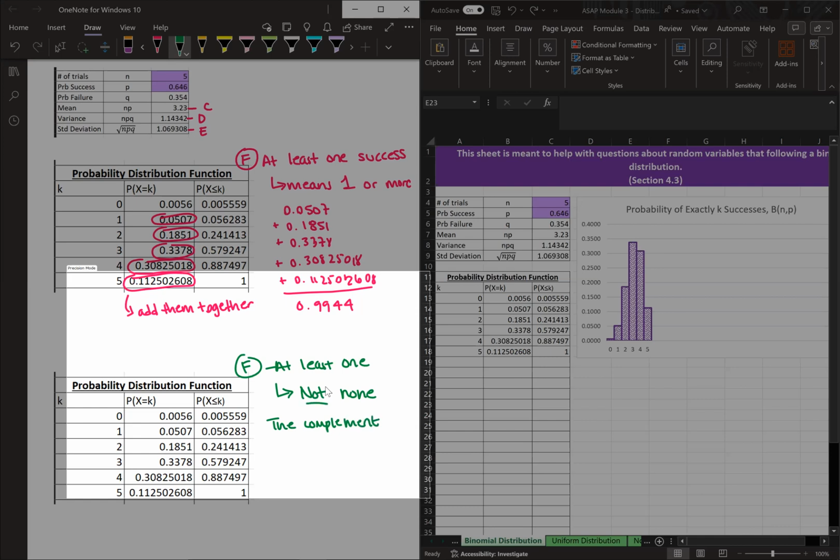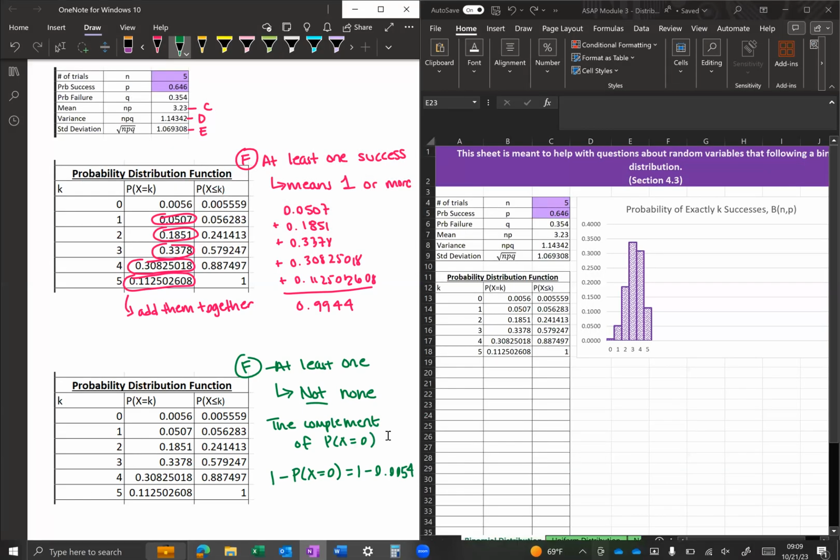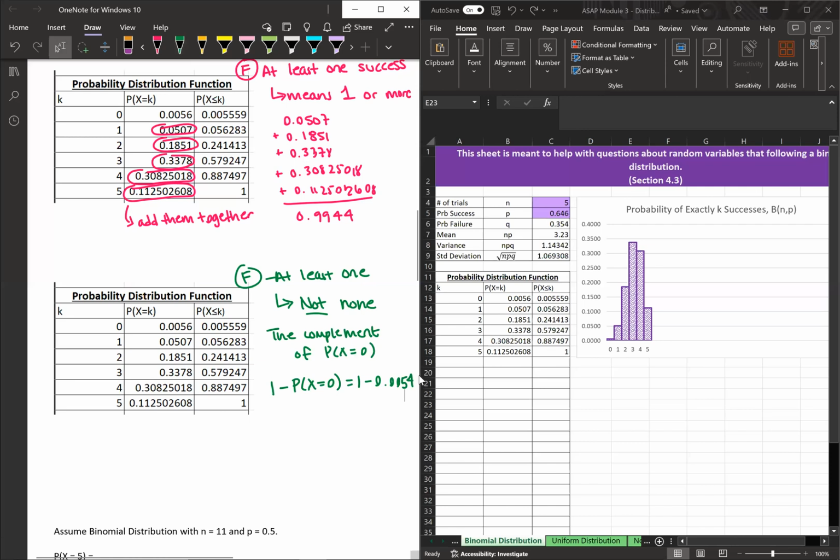That's the word not, the complement of the probability of getting 0. So in order to compute the complement, you just do 1 minus the probability that x was 0. So that is 1 minus 0.0054. Oh, sorry, not 54. Excuse me. 56.